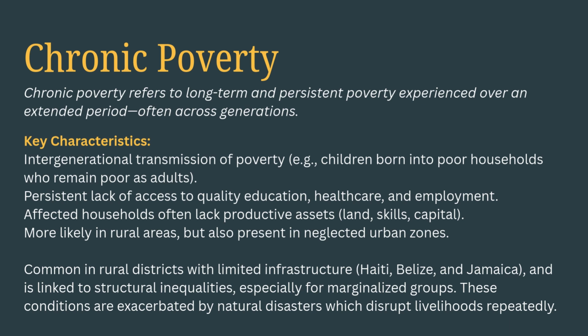And a key characteristic of this type of poverty is intergenerational transmission of poverty. And we need to factor in now what are things that could possibly contribute to generations experiencing this poor inheritance of poverty being passed down. Some of the factors include persistent lack of access to quality education.